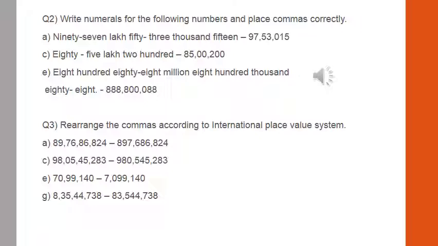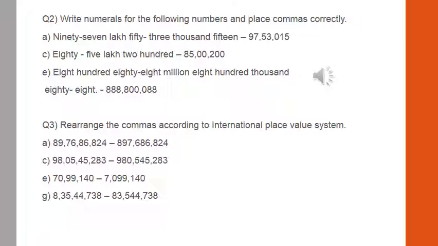So 800 is at the thousands period, so I have written 800, then comma, then it's 88. 88 is at the tens and ones. There is no value at the hundreds place, so we'll be putting 0 in that. So the number will become 888 comma 800 comma 088.